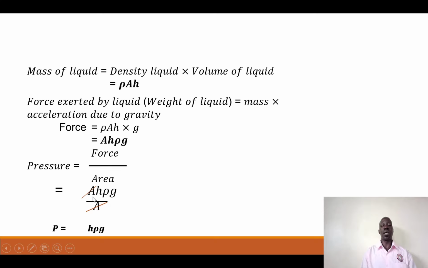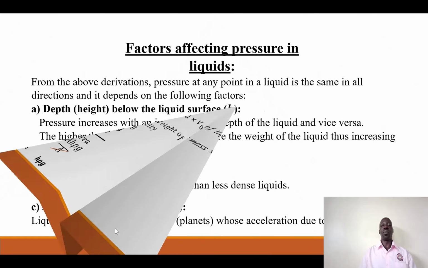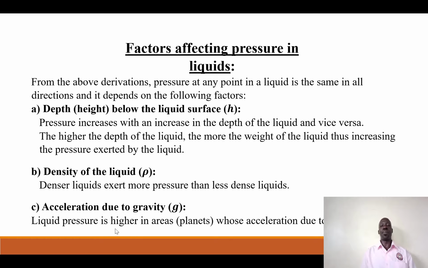They are all talking about area, so we cancel them out. Then we remain with h rho g. So the formula that we are going to use today is pressure equals h rho g. That's the formula we use to calculate pressure in liquids.